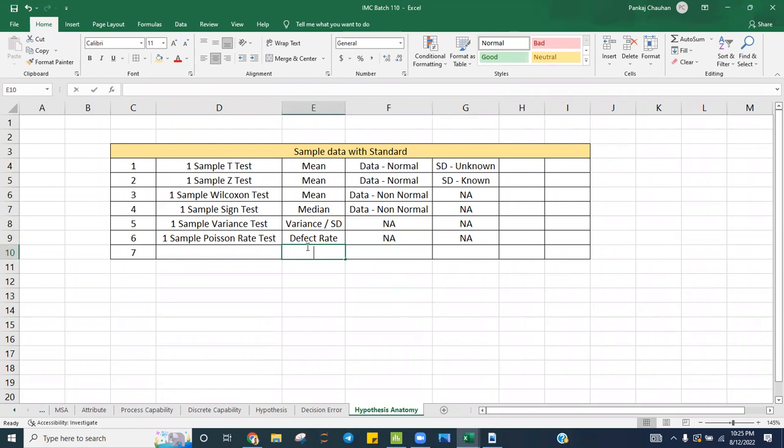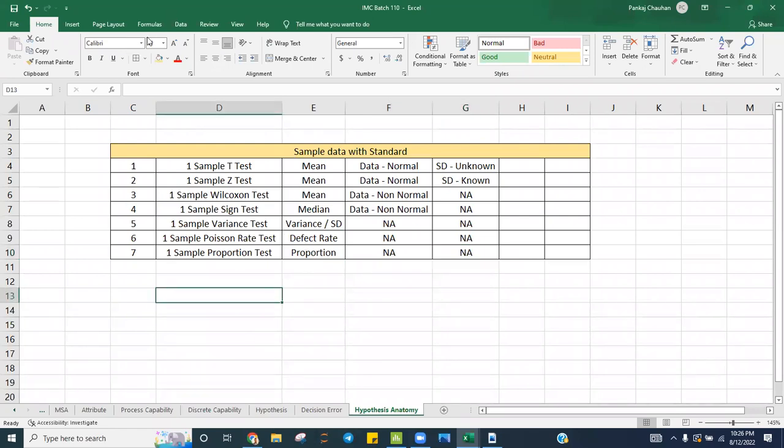In case you are looking for the percent rate or the proportion, then we compare one sample proportion test. In this one sample proportion test, we are comparing the proportion, and this data type is not applicable.